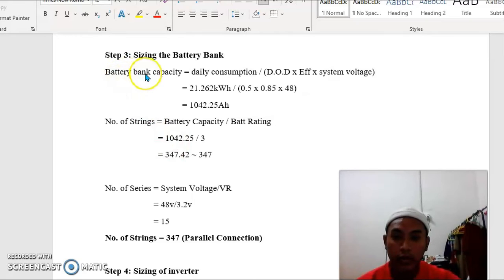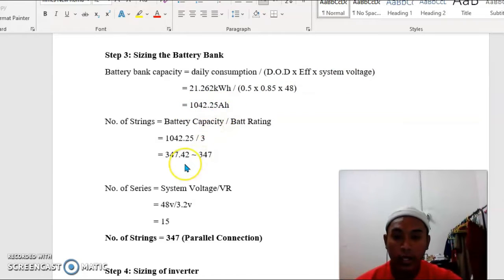Step 3 is sizing the battery bank. Battery bank capacity equals daily consumption over DOD multiplied by EFF and multiplied by system voltage, and then we get 1042.25 Ah.